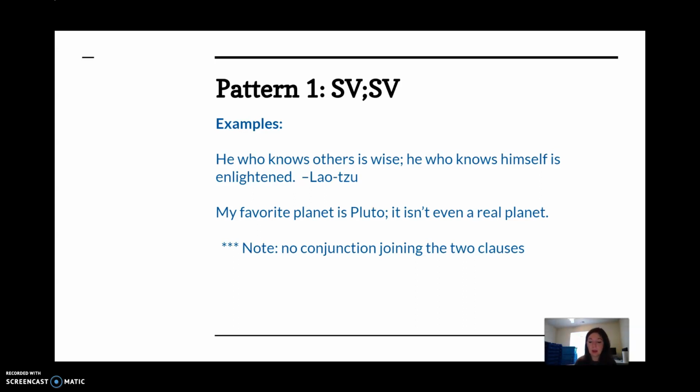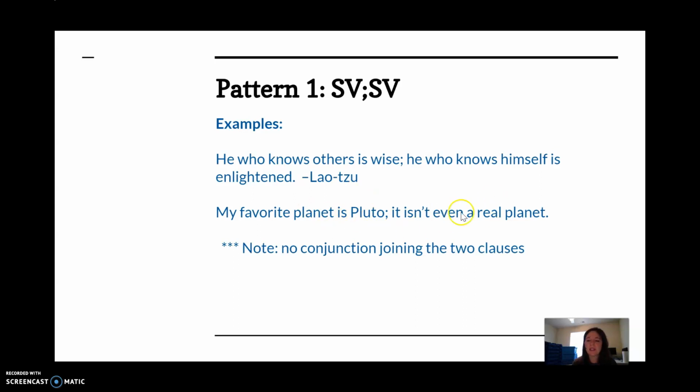Now, when do you use a semicolon? You use a semicolon when the two complete sentences on both sides have a common subject, and therefore you want the two sentences to be considered together. If we look here, my favorite planet is Pluto. It's not even a real planet. The subject for both of these is the idea of Pluto, the same favorite planet.